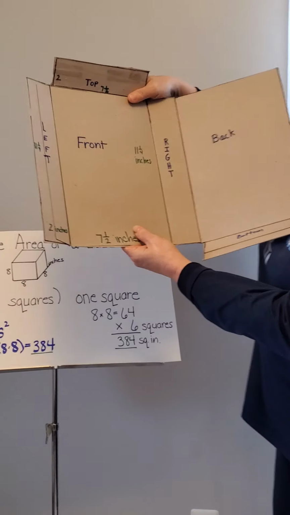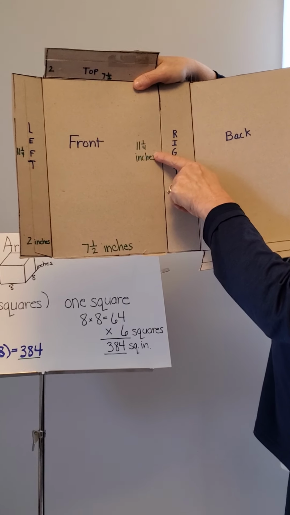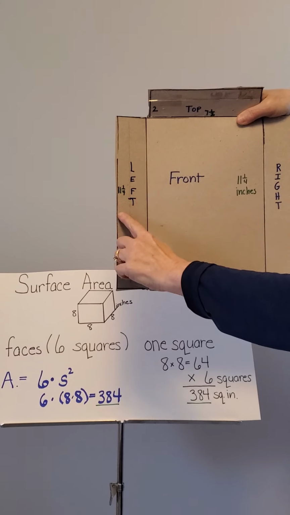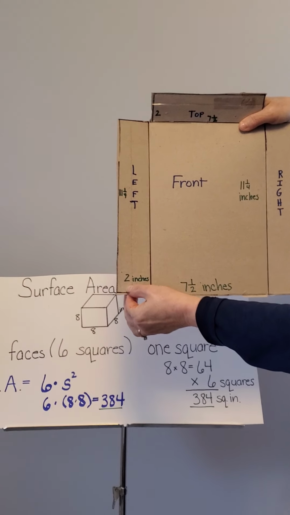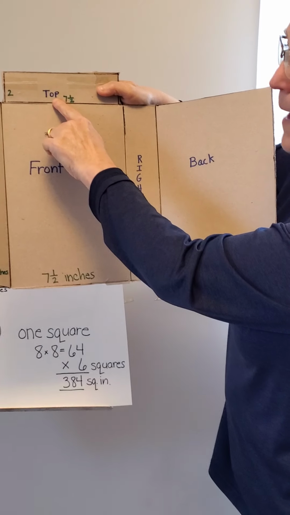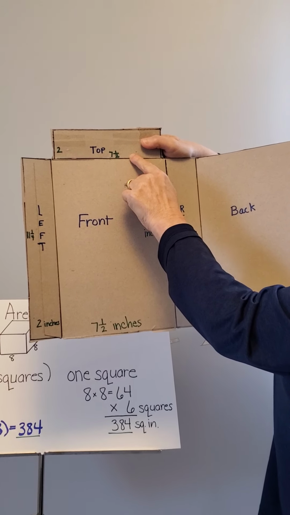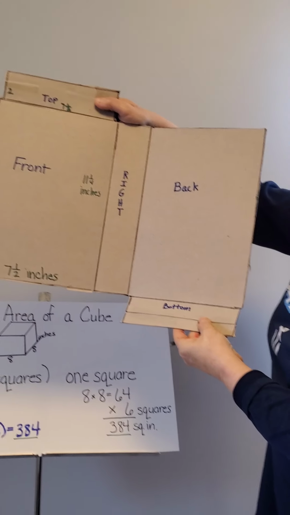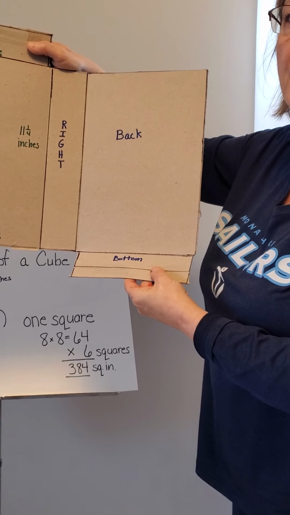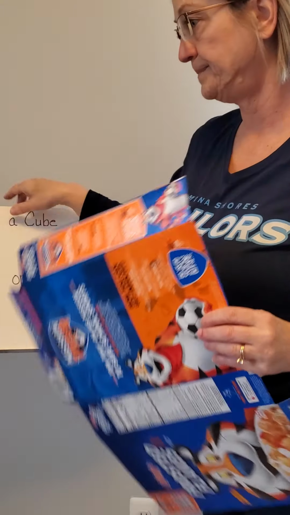So the front here has dimensions 7.5 by 11 1/4, and that front matches the back. The left side is 11 1/4 inches by 2 inches wide, and that left matches the right. The top part of the box is 2 inches by 7.5 inches, and that area matches the bottom area. So I'll show you now mathematically how to come up with the total amount of square inches to make this cereal box.